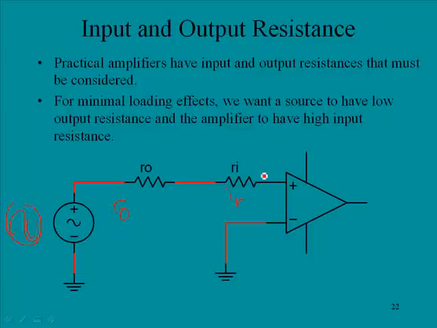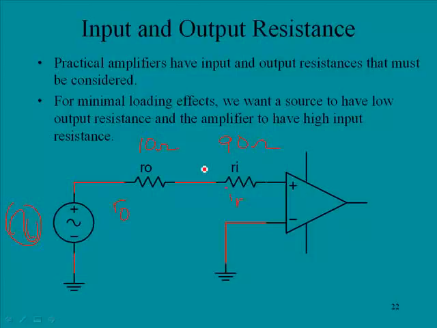And here's the reason why. Let's throw in a couple of simple values of resistance so that we can quickly do an evaluation. We'll say that the output impedance is 10 ohms and the input impedance is 90 ohms. And here we have a voltage that we're sending into this amplifier.